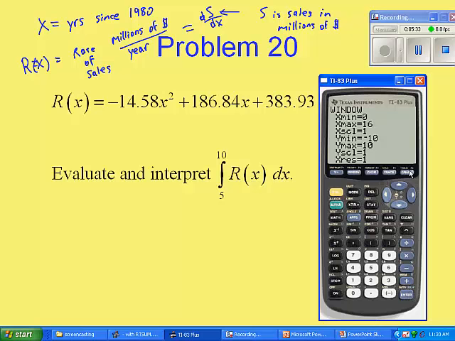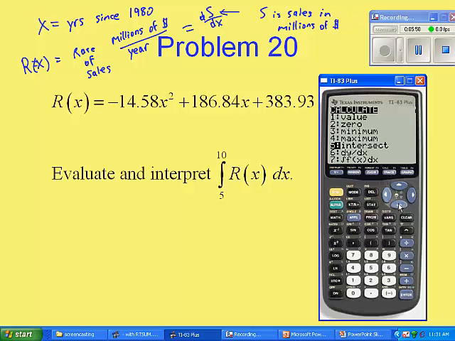Okay? Let me graph it now. Still don't see very much. And that's okay. Here's what I want to do. I want to integrate from 5 to 10, just to see what happens. I know I can't really see it on the picture, but that's okay.